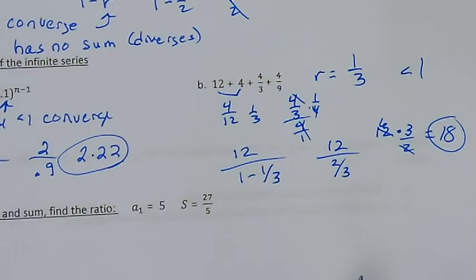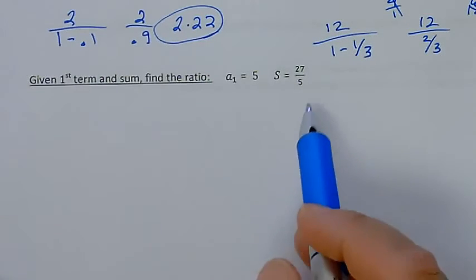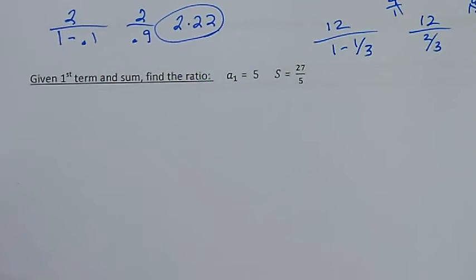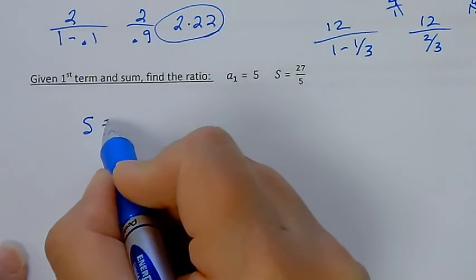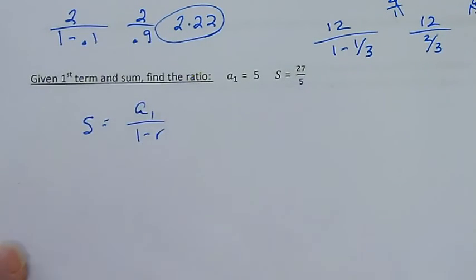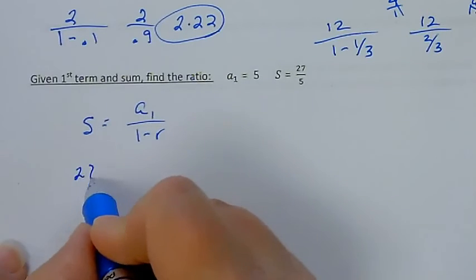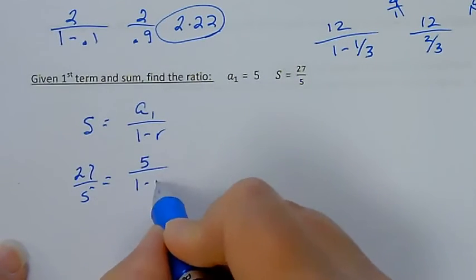Let's do one more basic problem here, and then we'll do a few word problems. I have the first term is 5, and the sum is 27 over 5. So I want to work backwards and see if I can find the R value. I know that the sum converges when we have this formula.